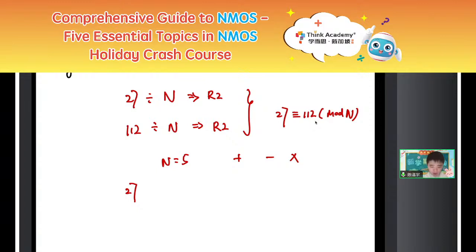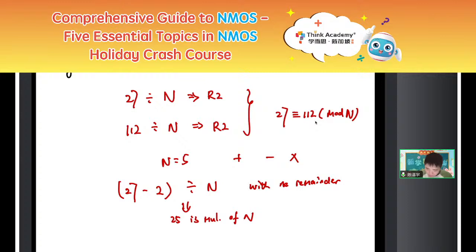If I use 27 minus this remainder 2, what do I get? I will definitely get a number that divided by n has no remainder. Or I can say 25 is a multiple of n.